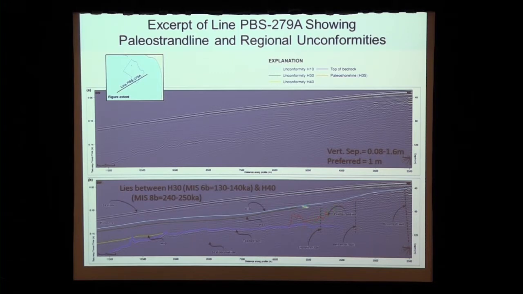So if you can see, we're constraining. Here is a bleak cut of where the shoreline is. You can see we cut that obliquely, and that lies beneath the H30 horizon and above what we would call the H40 horizon. So stratigraphically, we have it bracketed.